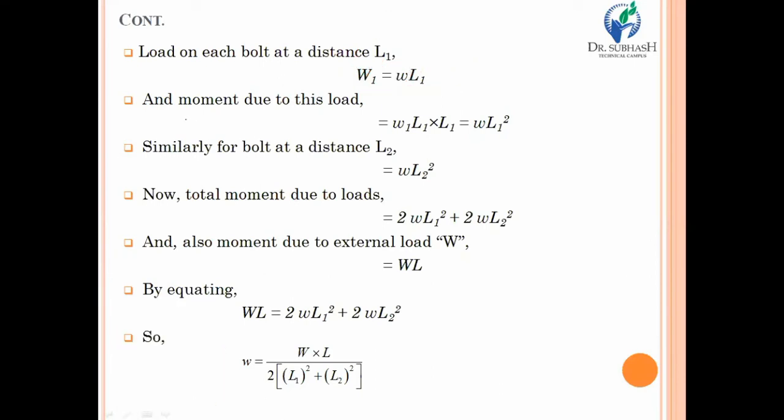Similarly, you can calculate the moment due to this load. The moment is equal to force into perpendicular distance. This is the force, and we know that the bolt is located at a distance L1. So ultimately, the moment on the bolt will become small w into L1 square. You can follow the same procedure for bolt number 2, and you can calculate the moment as small w into L2 square.